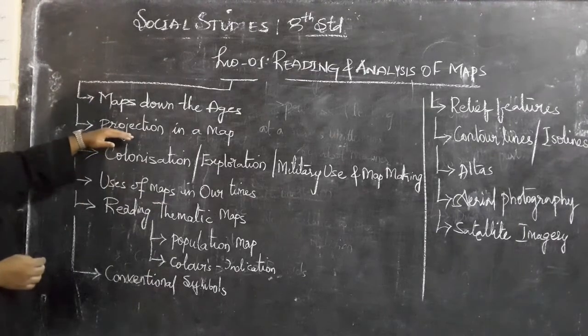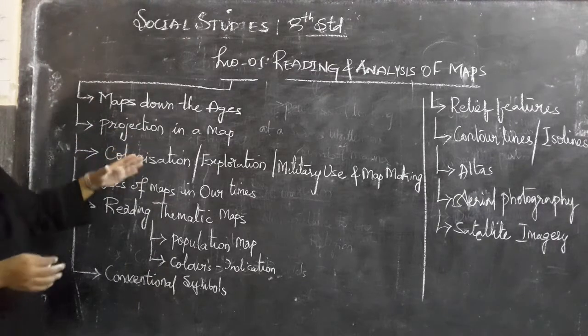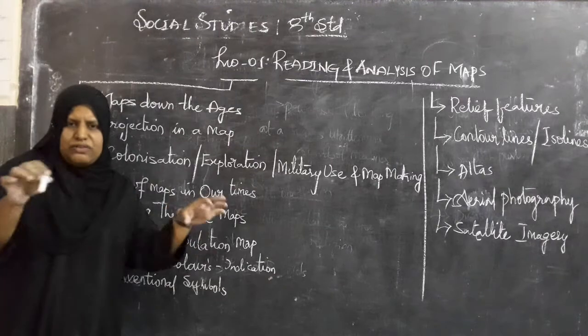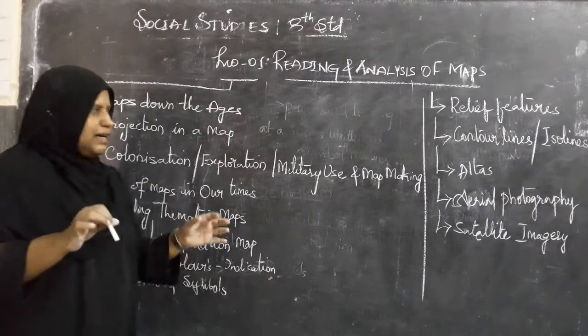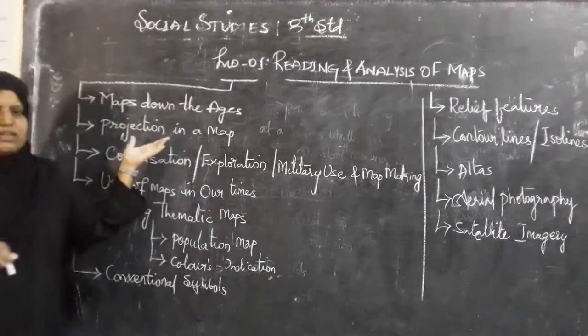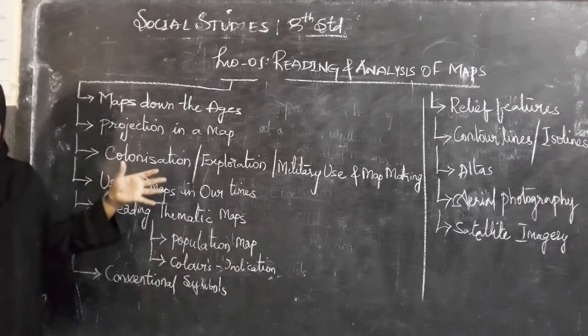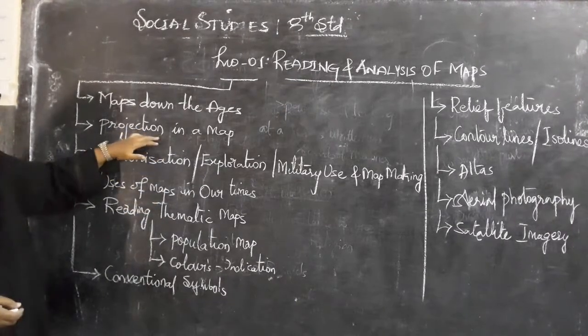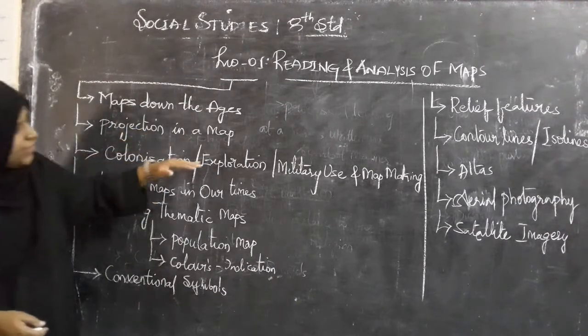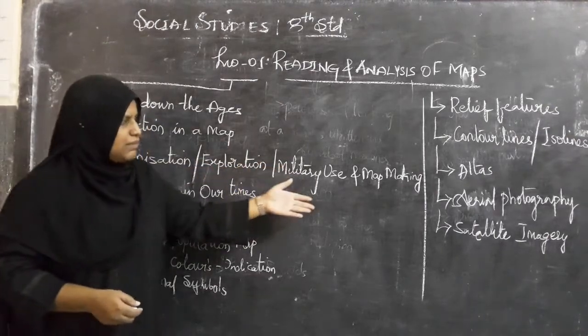Next is about projection. Projection in the map is to finalize how it looks, the final touch, how it shows the area and dimensions; all this relates to projection. Then colonization, exploration, military use and map making.